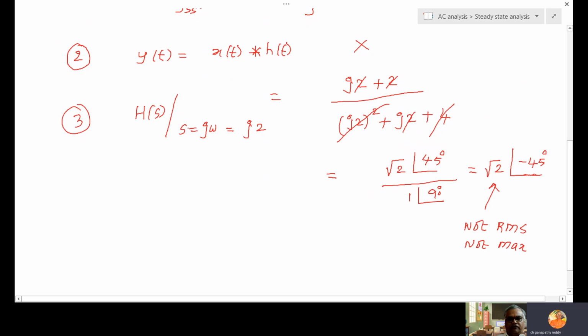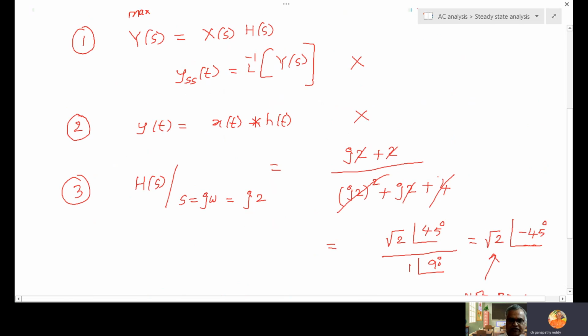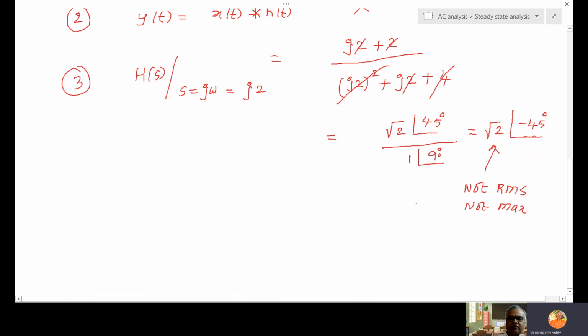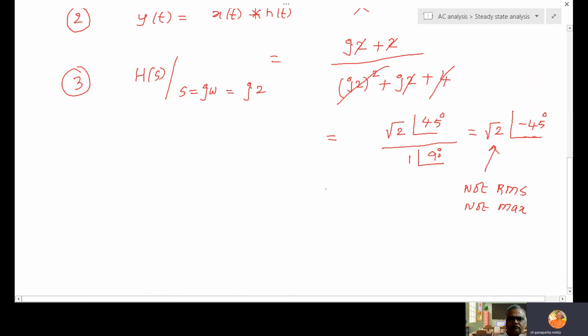Simplify H of s at s equal to j2, multiply with the input, and straight away you can write the output. This is the best shortcut, simple technique. But this technique is valid only in steady state. Only in steady state is s equal to j omega valid, and the question is to find the steady state output only. Therefore, I can apply this method.